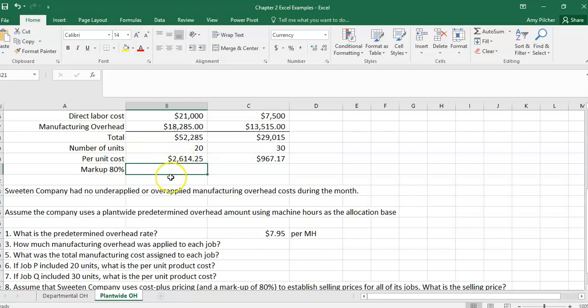Then we add a markup of some amount, 110%, 75%, 120%. It's almost always given to us as a percentage. So we take our total per unit cost times 80% or 0.8, and that gives us what our markup is for each product.